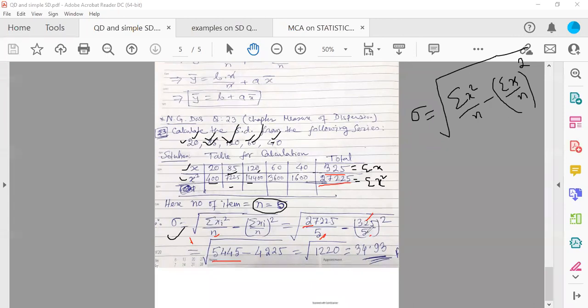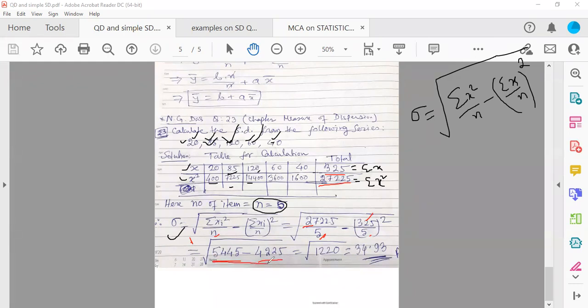Now 325 by 5 and taking its square. 325 by 5 is 65. So 65 whole square is 4225. Okay.